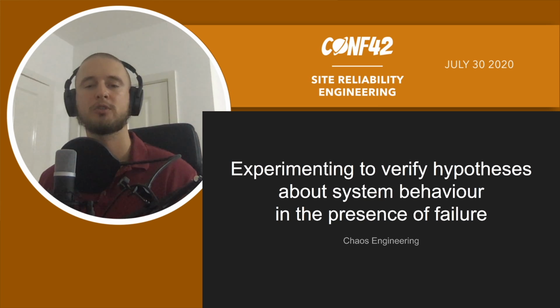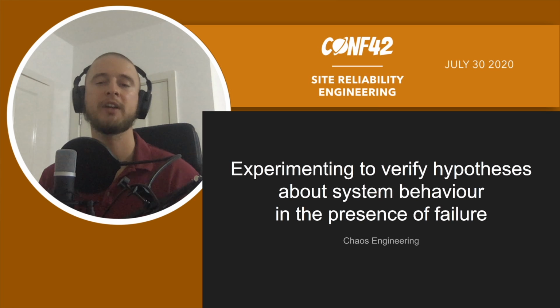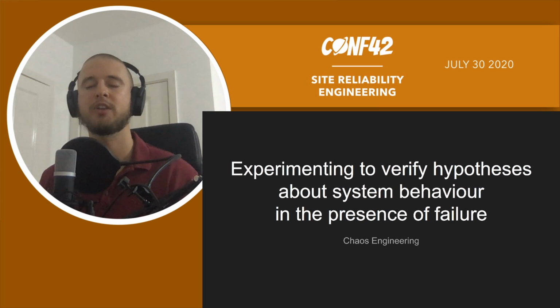We actually want to very finely control the amount of failure and the type of failure that we inject, most of the time, to verify that what we think is going to happen is actually happening, right? That we are right in thinking about properties of the system. And this is really where the value comes from.